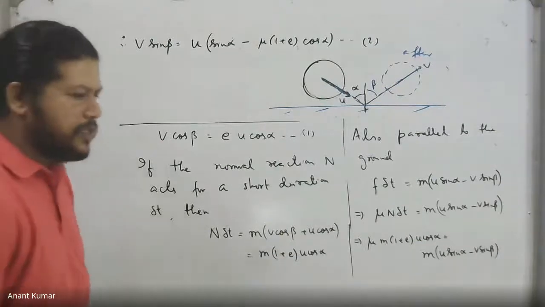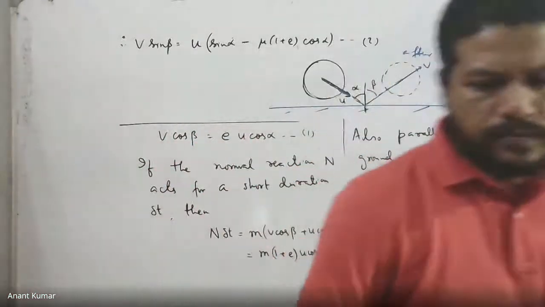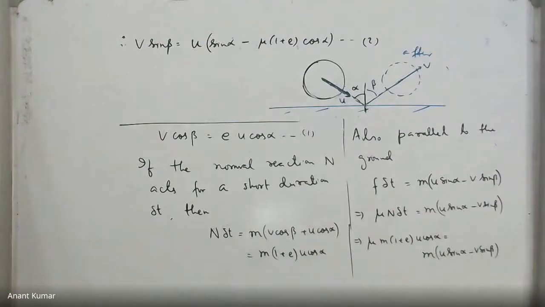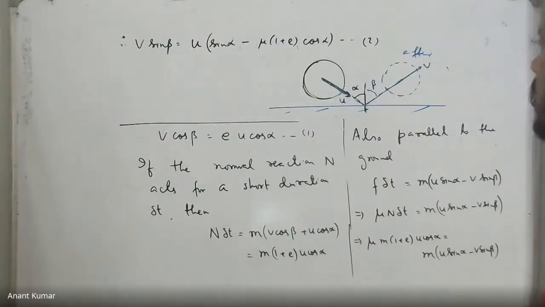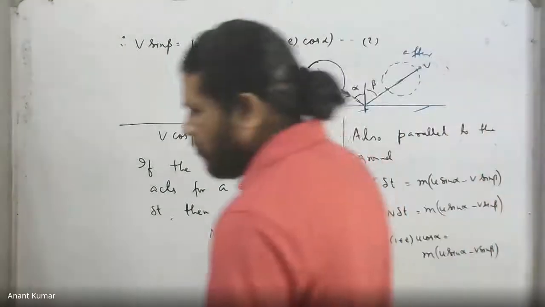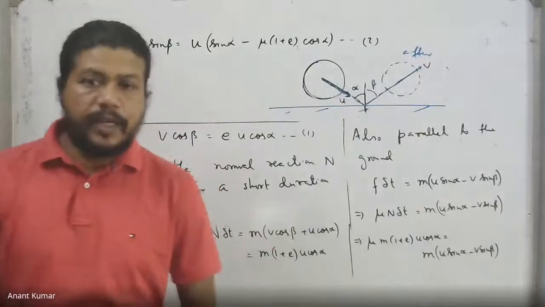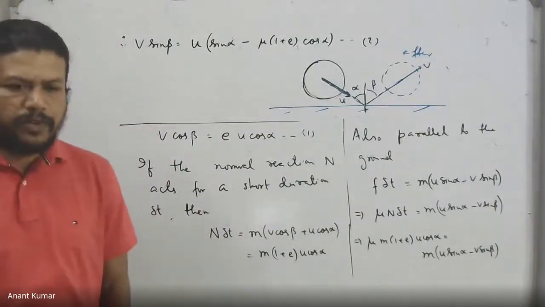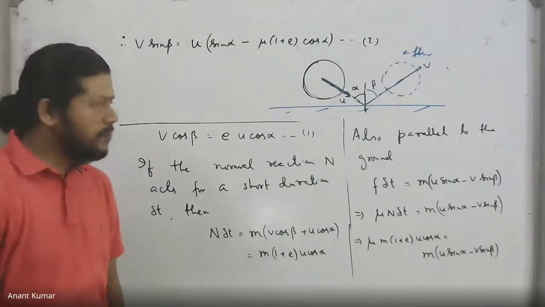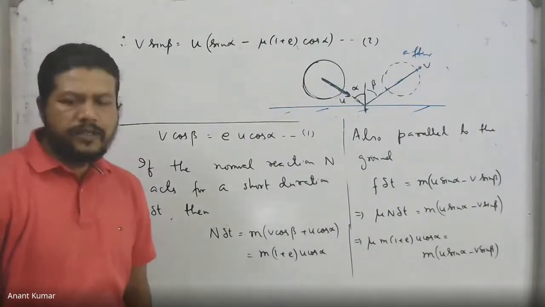So if there is no friction present, tan beta will be nothing but 1 by e times tan alpha. But with the presence of friction, it obviously becomes complicated.